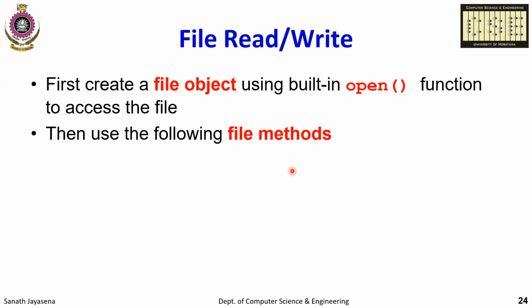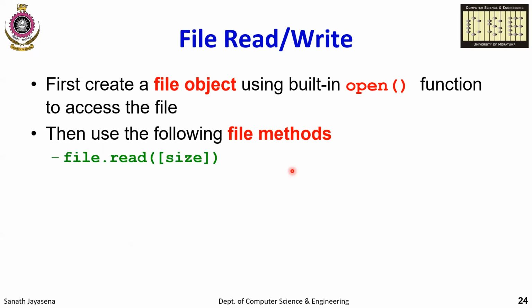We now have access to a file object, and that object's own file methods or functions, with which we can perform operations on that file, can be called to do various read, write, and other operations, right?